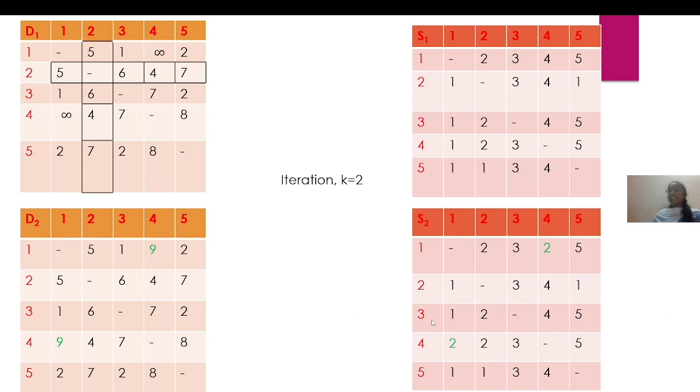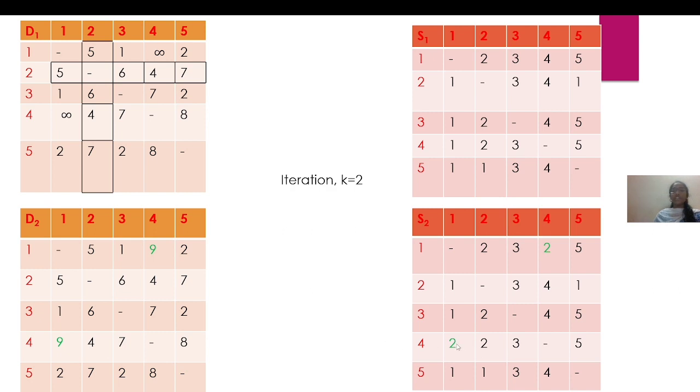And the vertex sequence matrix follows the S1 matrix, it will be the same. Next, here infinity is to be changed, and we will check whether we can change this. So 5 plus 4 is 9, which is less than infinity. So we are going to change this infinity to 9.